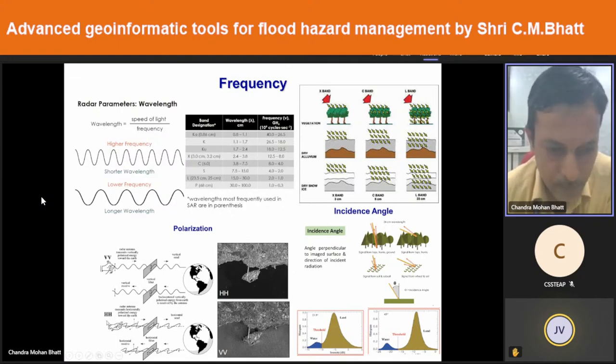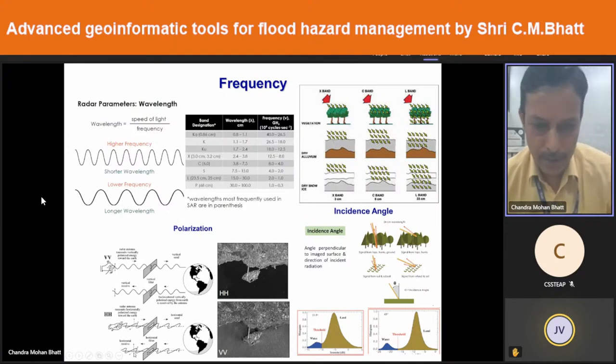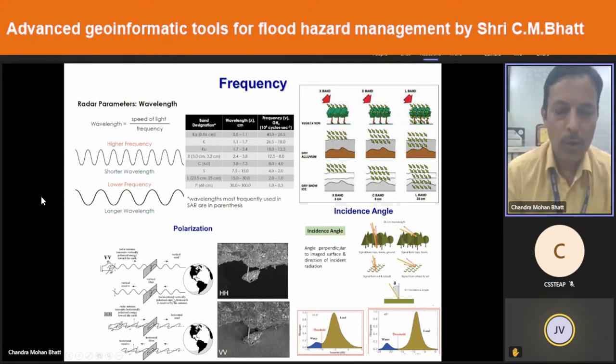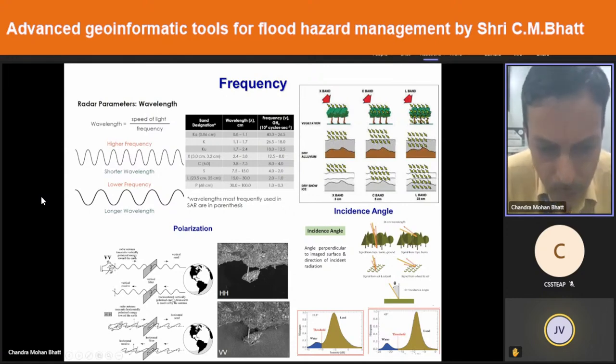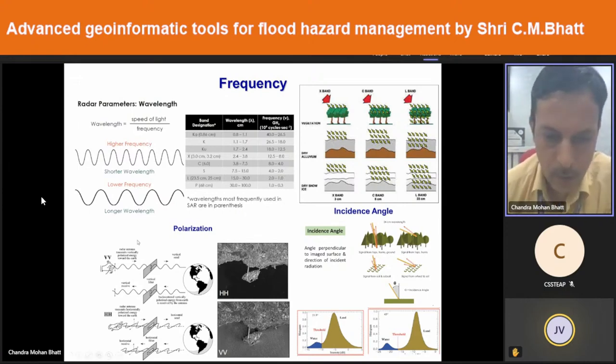Like in HH, it transmits horizontally and receives horizontally. In vertical, it goes vertically and is received back vertically. These polarizations impact how the backscattering will happen with the object, and it has a characteristic signature in terms of how the object will appear.